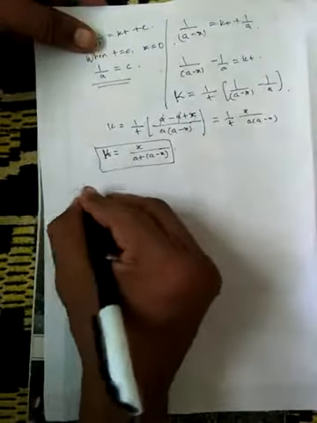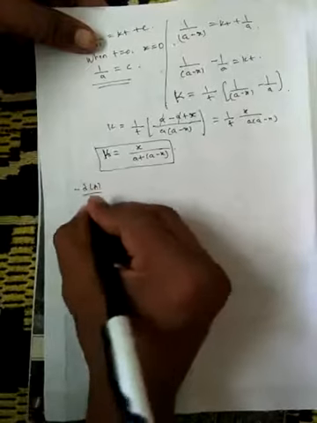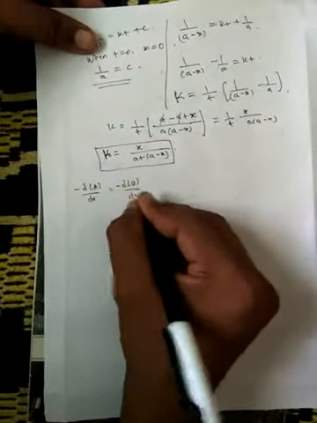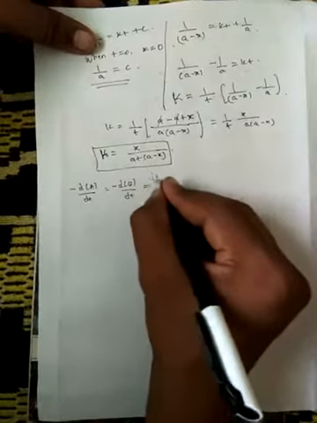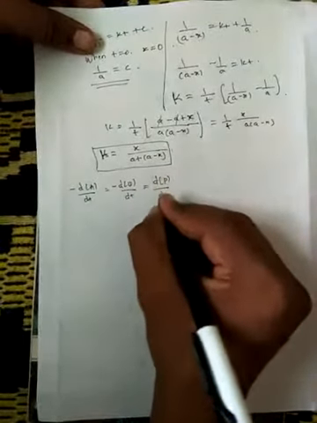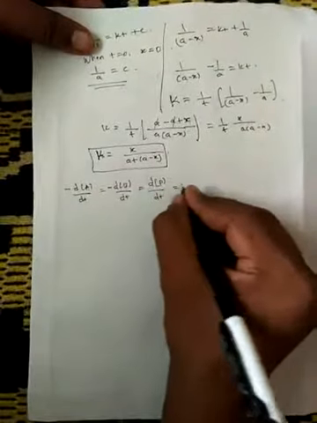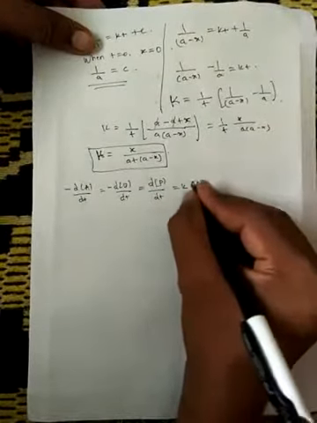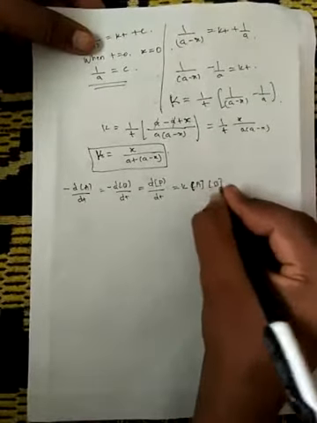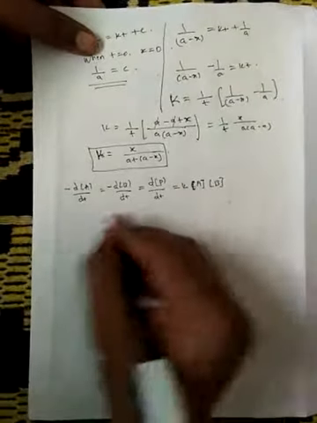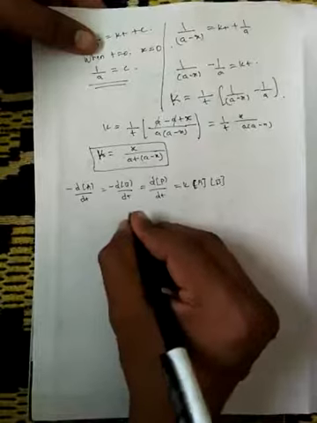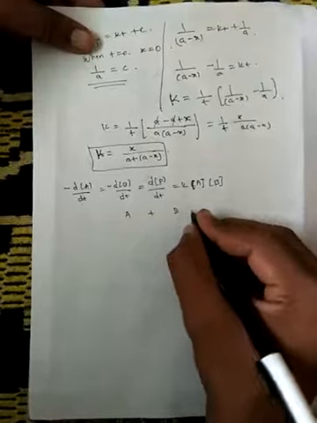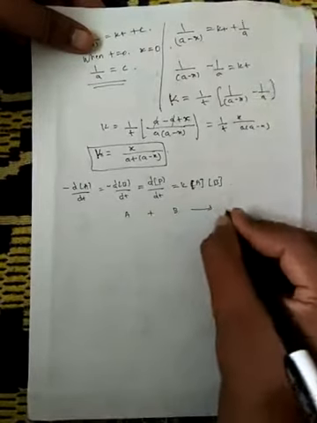Minus d[A] by dt equal to minus d[B] by dt equal to d[product] by dt, equal to k concentration of A, so this is square bracket, and concentration of B. Let me see, A is reacting with B, that gives product.